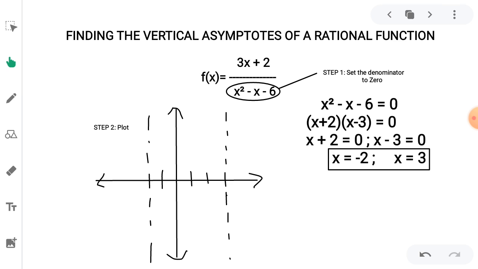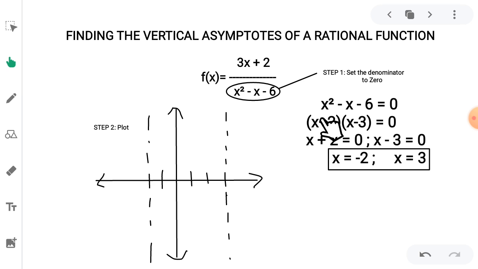So next example. How about f of x is equal to 3x plus 2 all over x squared minus x minus 6? Again, in getting the vertical asymptote, we need to set the denominator equal to 0. So we write x squared minus x minus 6 is equal to 0, and then we need to factor this.